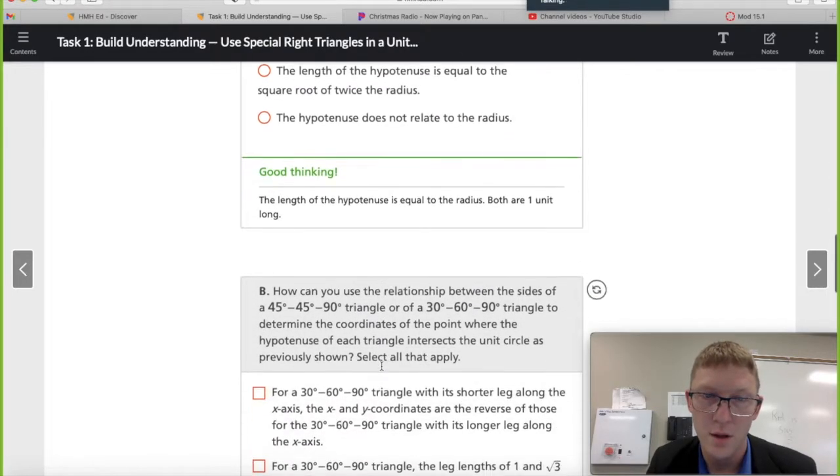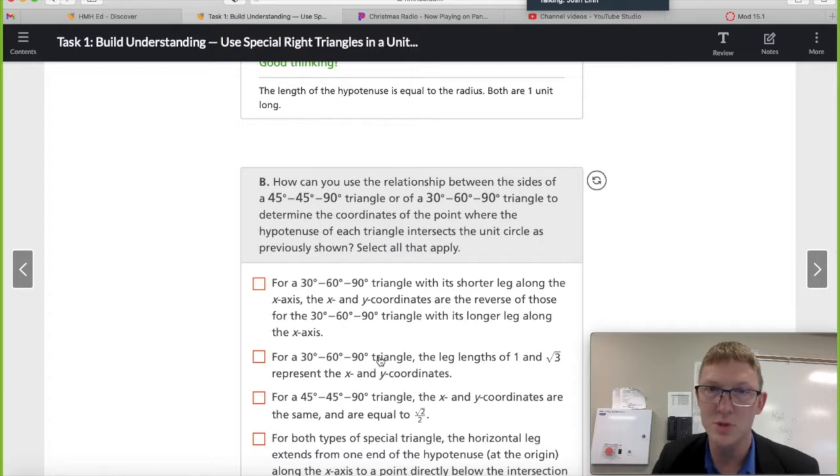Yay! How can you use the relationship between the sides of a 45, 45, 90 triangle or a 30, 60, 90 triangle to determine the coordinates of the points where the hypotenuse of each triangle intersects the unit circle as previously shown?